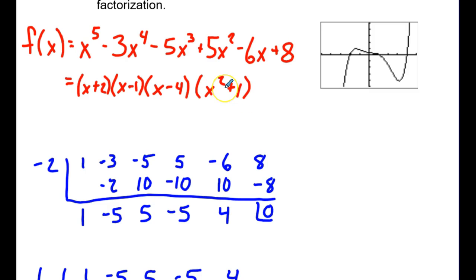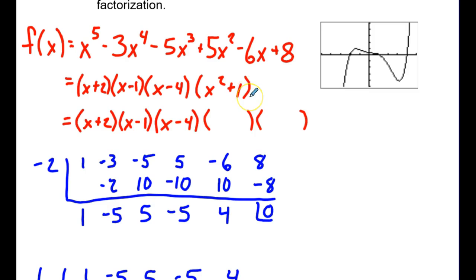Now, that is not a difference of squares. It's not a pattern we recognize, but we can use ideas of factoring and apply it to x squared plus 1 to break that down even further. At the beginning of Algebra 2, we related the difference of two squares pattern to the sum of two squares.